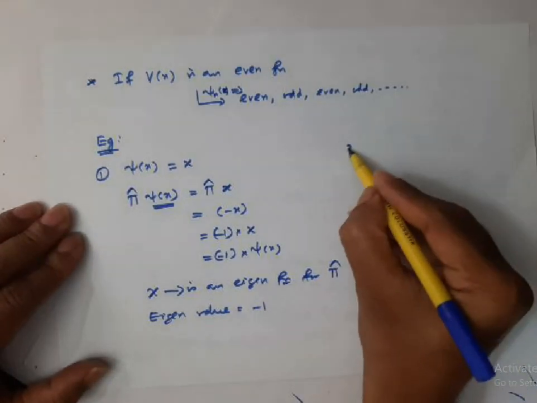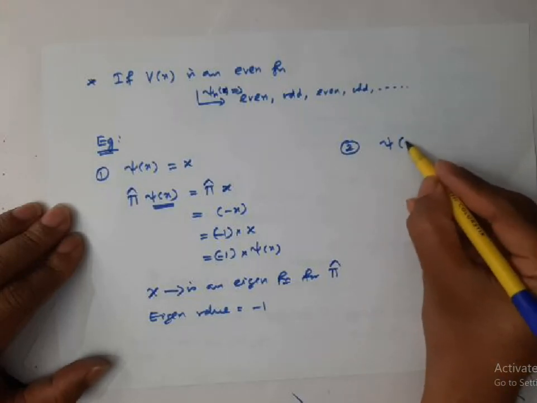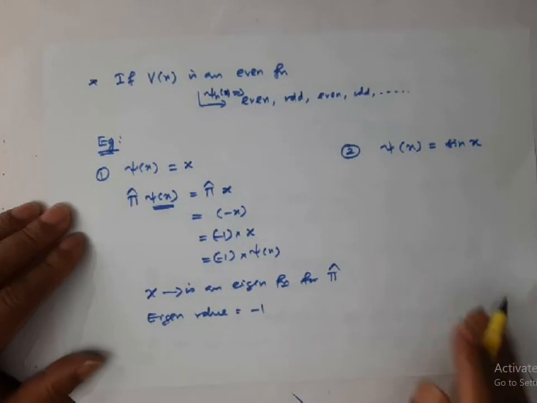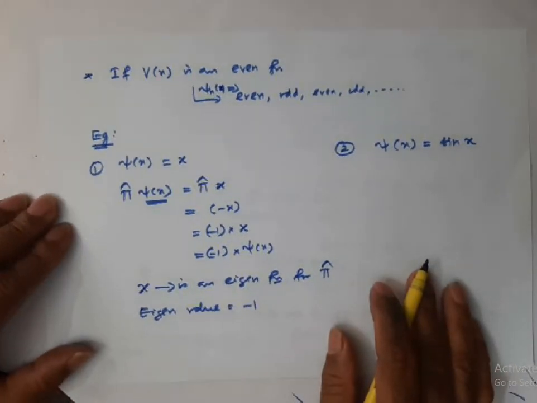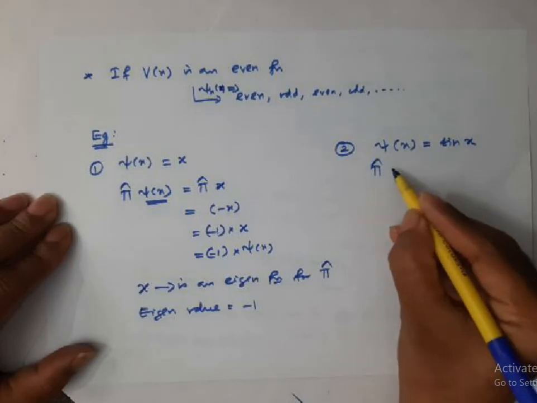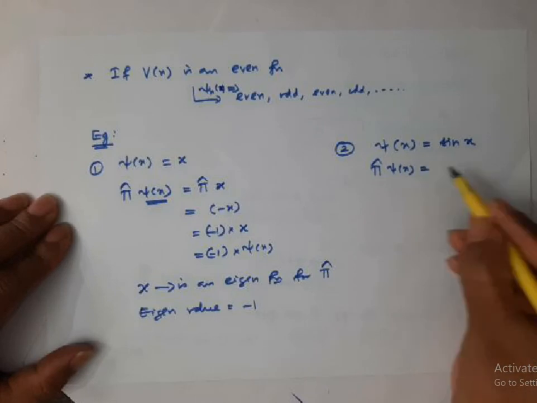Similarly, I'll take one more example; actually, we can show plenty of examples. Take sin x. Is sin x an eigenfunction of the parity operator or not? Very simple: apply the parity operator to the function psi of x, which is sin x.